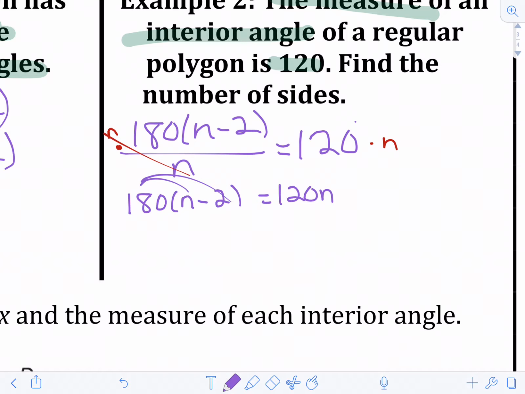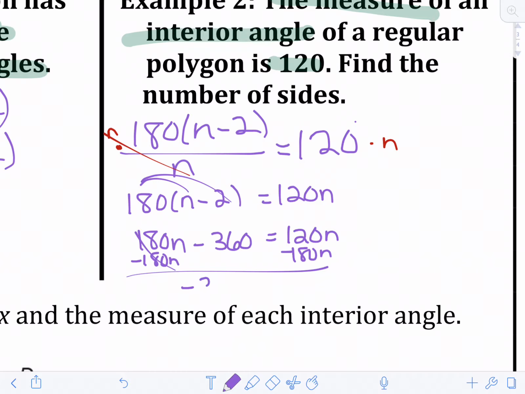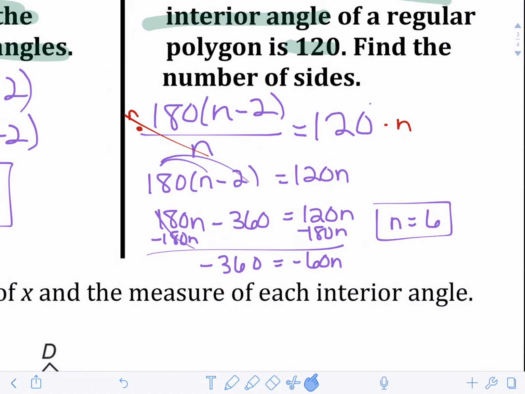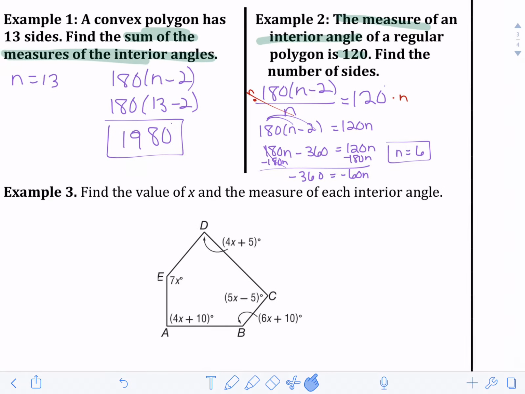And when I distribute, I get 180n minus 360 is equal to 120n. Subtract 180n from both sides. So negative 360 is equal to negative 60n. And when you divide both sides by negative 60, you will get n is equal to 6. So that would be a hexagon.